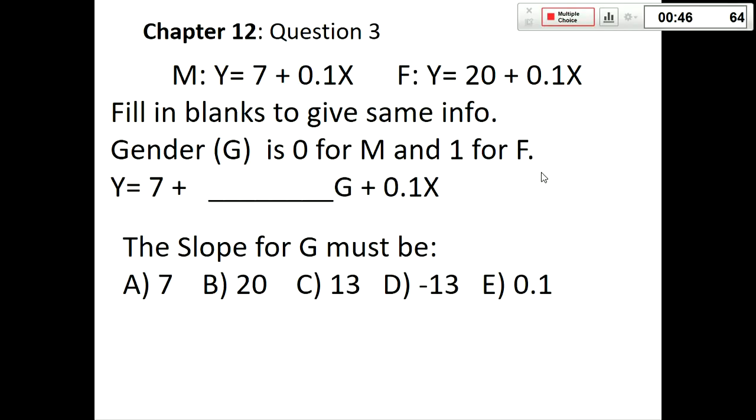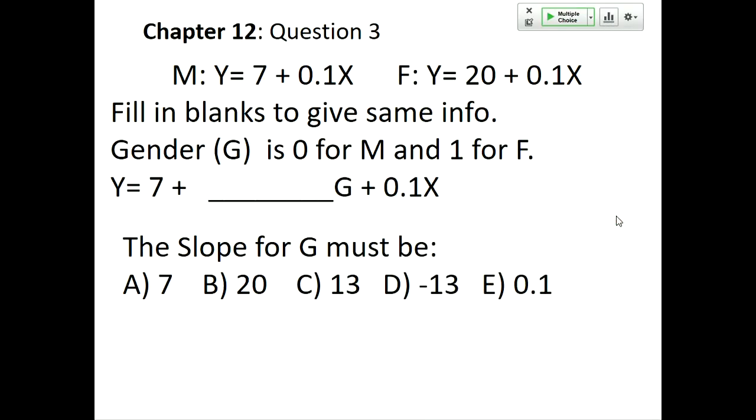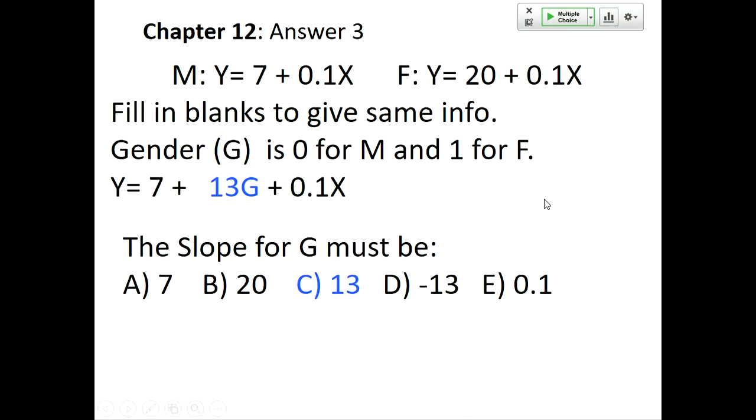Okay, I'm going to stop it in 2 seconds. Everybody vote. All right, the answer is 13, and that's good. Most people got 13 because G only takes on 2 values.